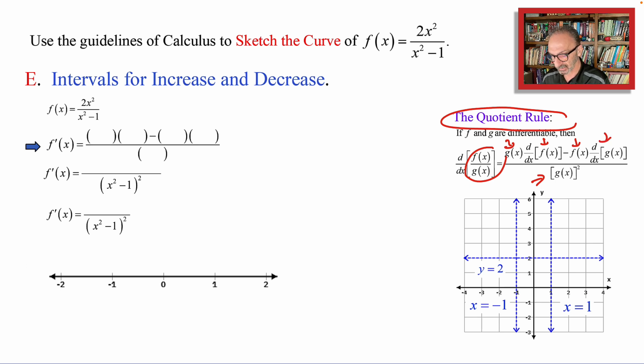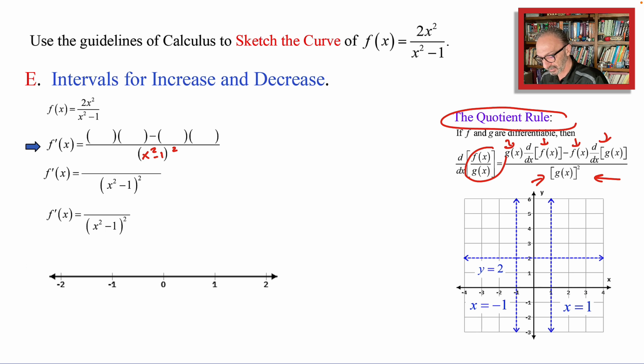So let's apply it to our example. So we have x to the second minus 1. We raise it to the power 2. That's the denominator squared, as you could see on the right side.